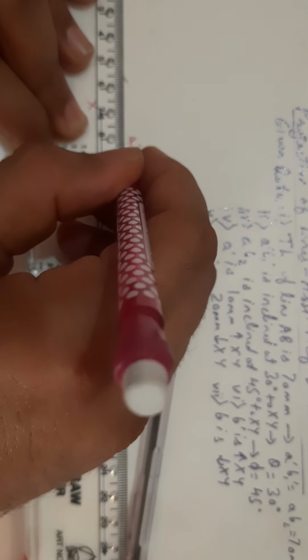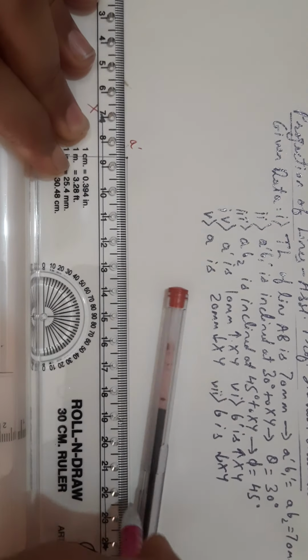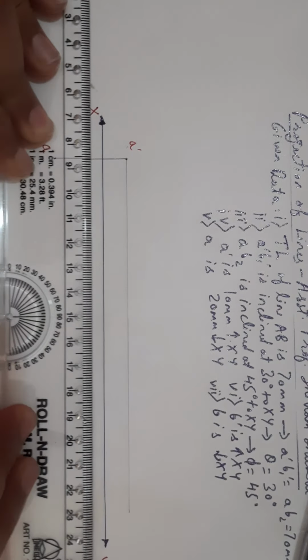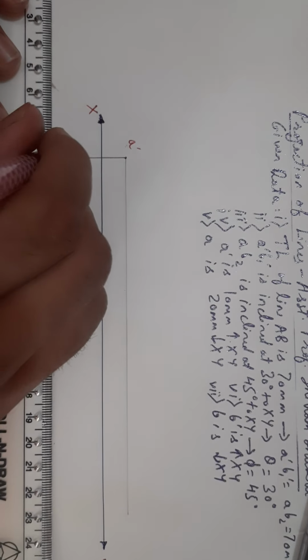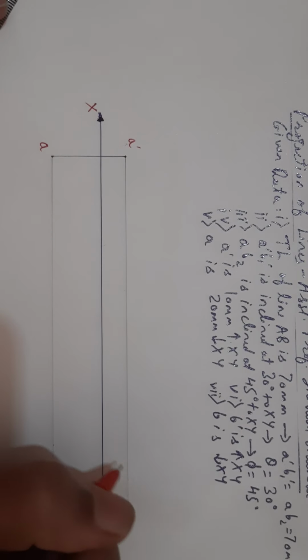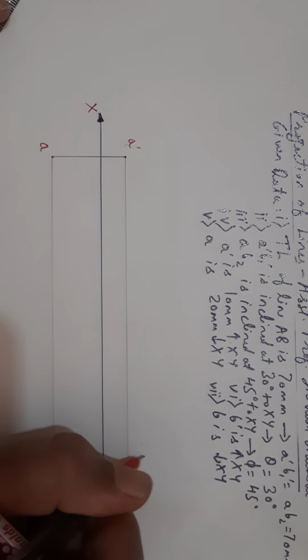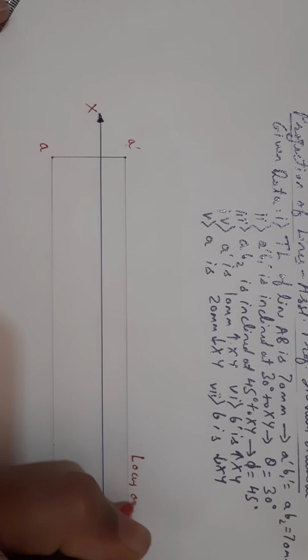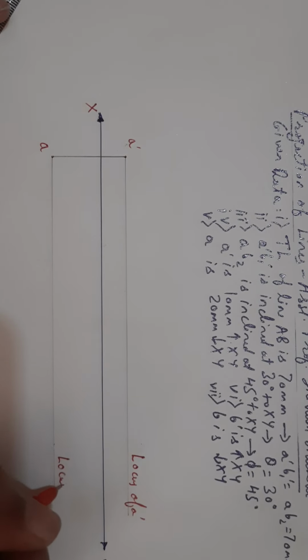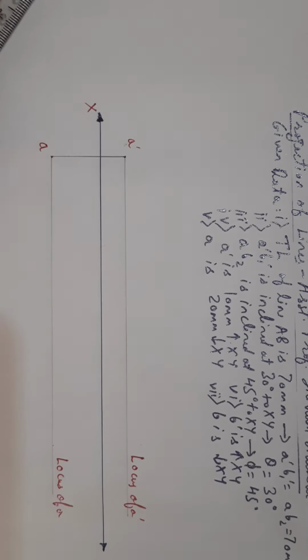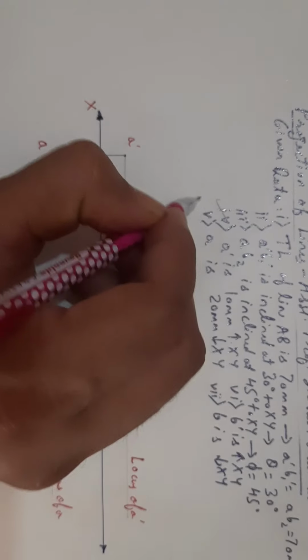Parallel to this will be my XY line like this. That is the locus of A at the bottom. Even over here. So it is like this. I'll be mentioning it as locus of A' and locus of A. Here it is. Now we have utilized these 2 conditions, so I am marking it.